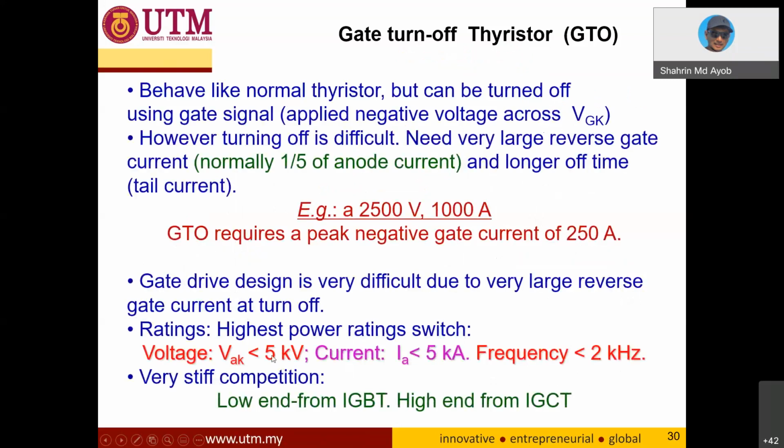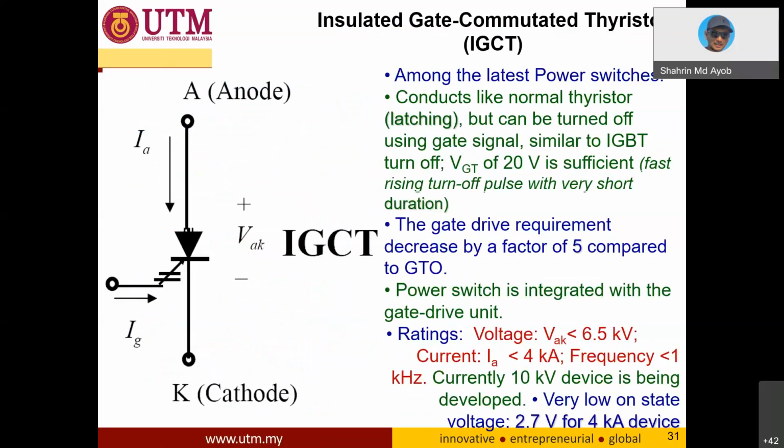Okay, so as you can see, you have a very high current. The capability, the rating, very high current and voltage, but the frequency is very, very slow, less than 2 kilohertz. Okay, and then you have this one, the IGCT.